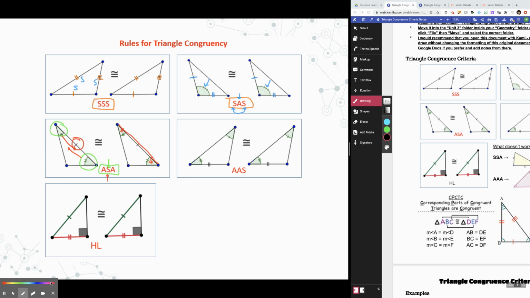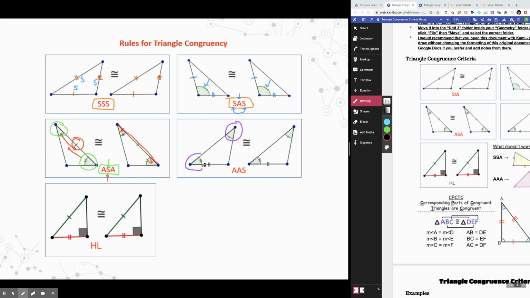Then we get over to the other one with two angles, which is AAS, okay? Where the side is not trapped between the two angles. So you have to have two angles, and then the side has to be one of the sides that's not in between these two. Notice how you have the same two angles, right?